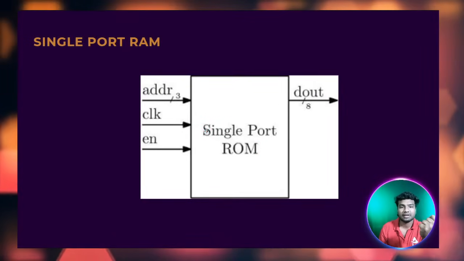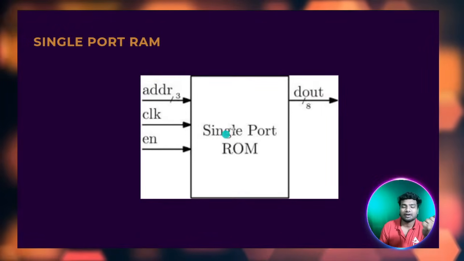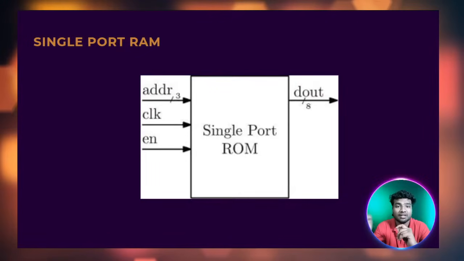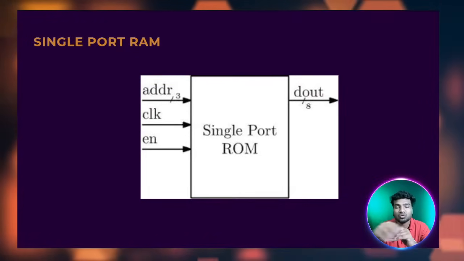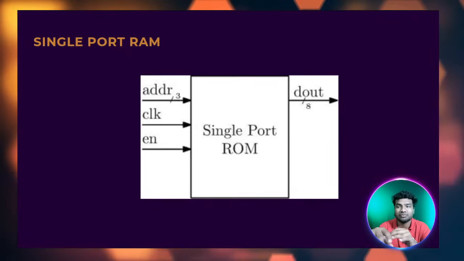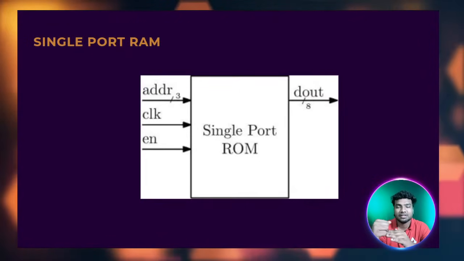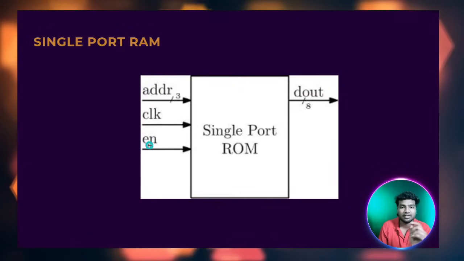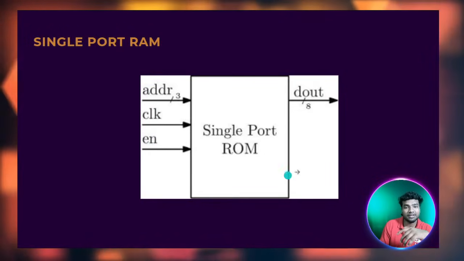Enable is used for deciding whether I can write into the RAM or read from the RAM. If the write enable signal is high, that is enable equal to 1, I can write into the RAM.